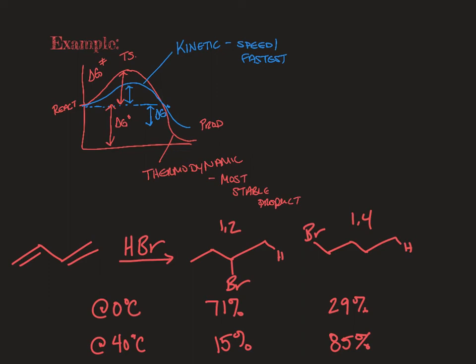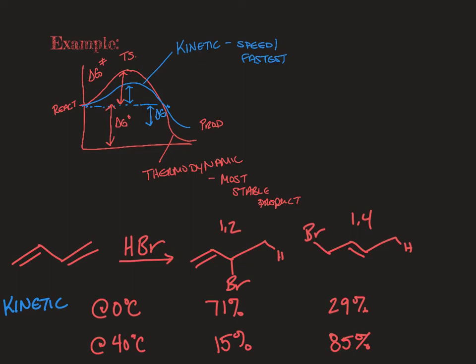It's going to have to take the easiest way out, which is our blue reaction. So at 0 degrees, colder temperatures, this is our kinetic control. The kinetic control is going to favor the fastest reaction. And I just realized I forgot my double bonds in my products there.